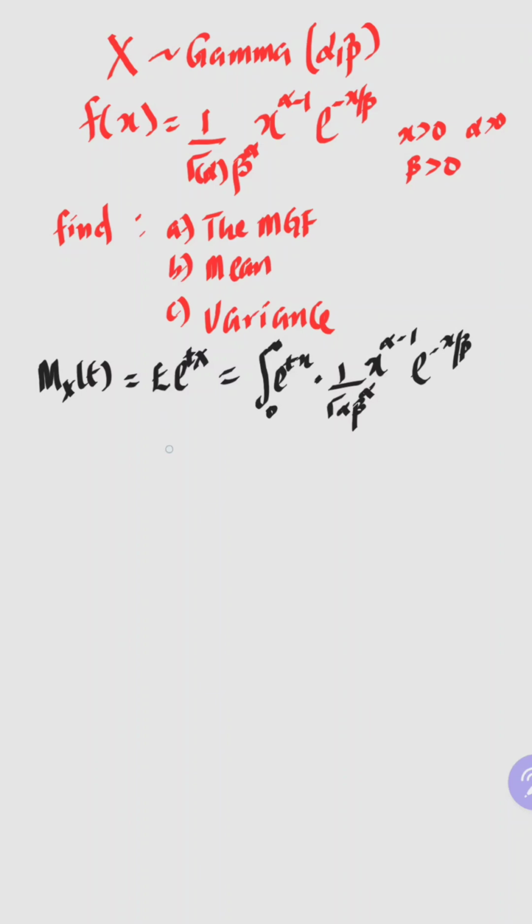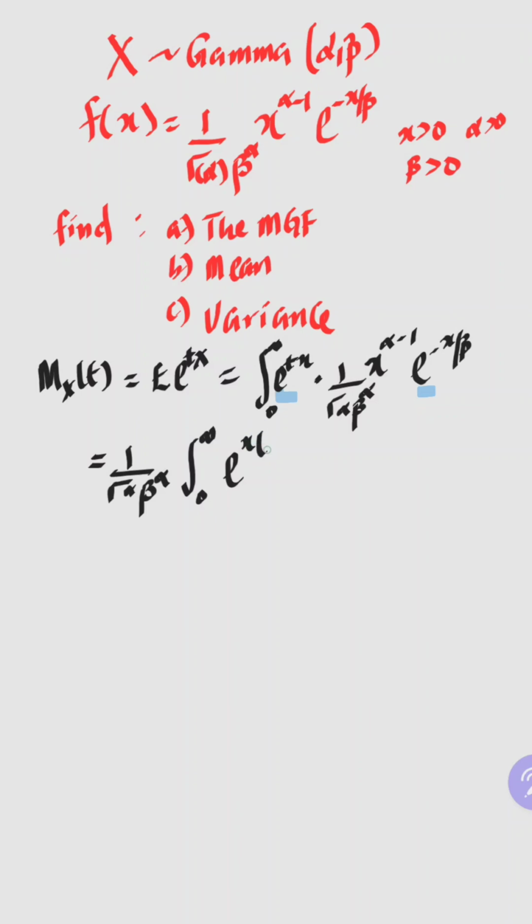Now, taking out the constants, we have 1 over gamma of alpha, beta to the power of alpha, integral from 0 to infinity. Now, looking at the two exponential terms, you can see that both have the power of x, so we can combine them together into one exponential in x.